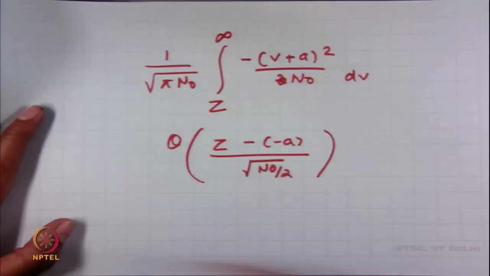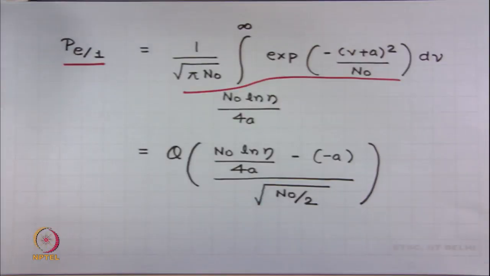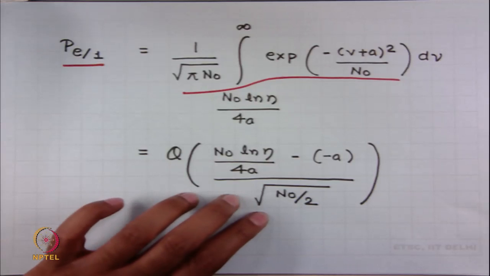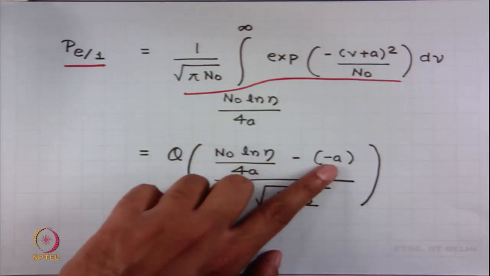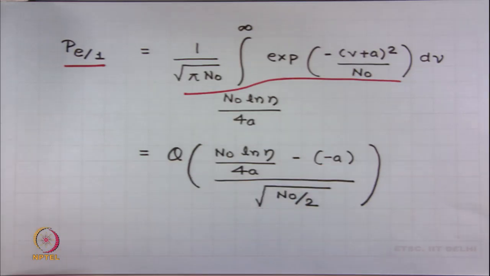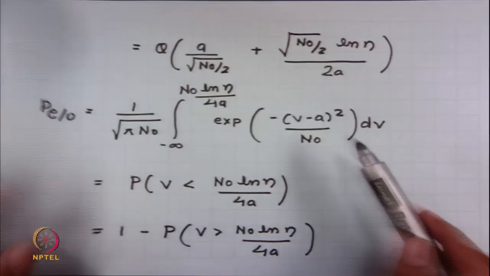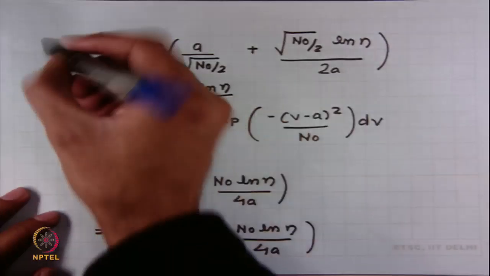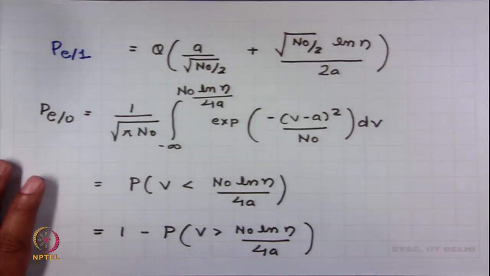This we have seen in the previous lecture. Using this idea, this integration simply boils down to this: z minus mean, where the mean is minus A, divided by the standard deviation, and we can rearrange this into this form. So, this is the probability of error given 1.